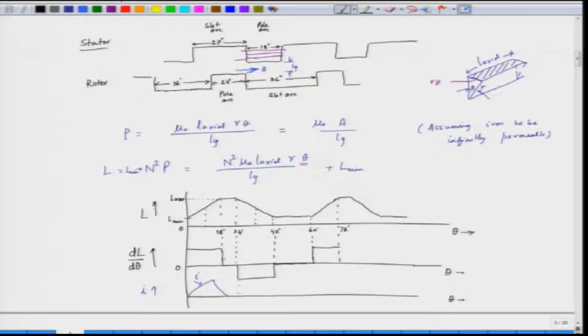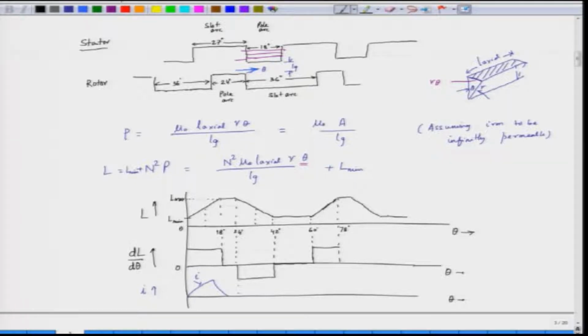It gradually increases linearly up to 18 degrees, remains constant up to 24 degrees, then decreases up to 42 degrees, and then it becomes the low minimum value up to 60 degrees. Since this is a repetitive waveform, it repeats after 60 degrees. The same pattern is repeated here.